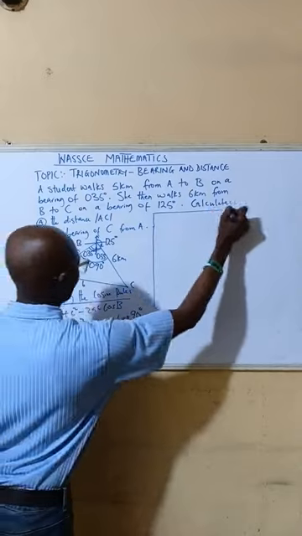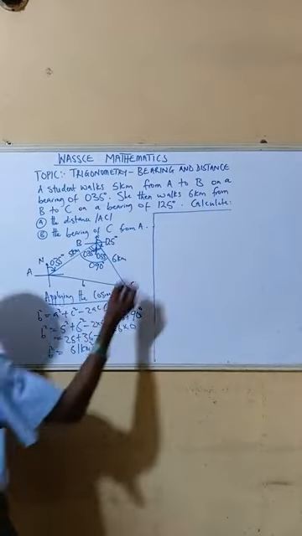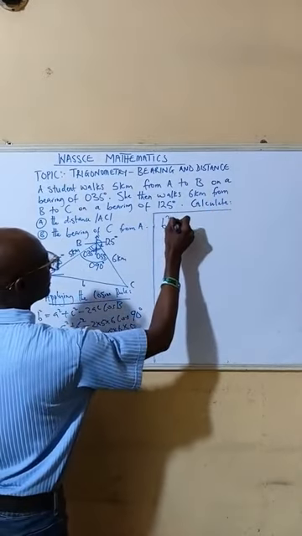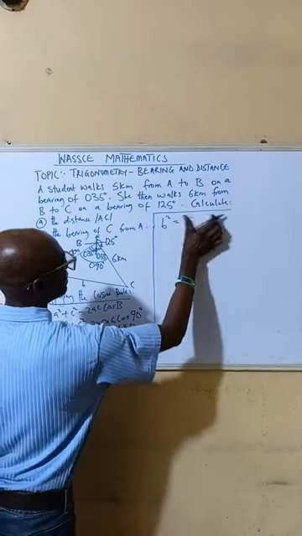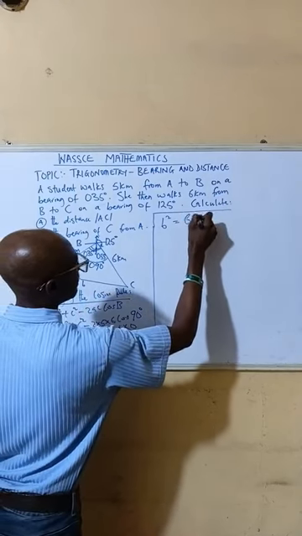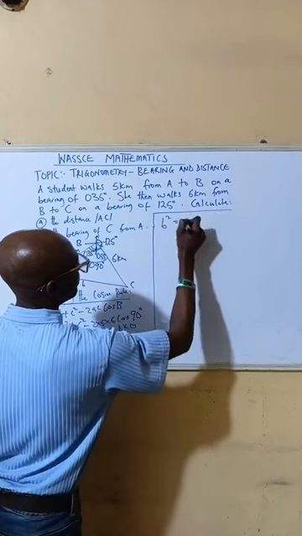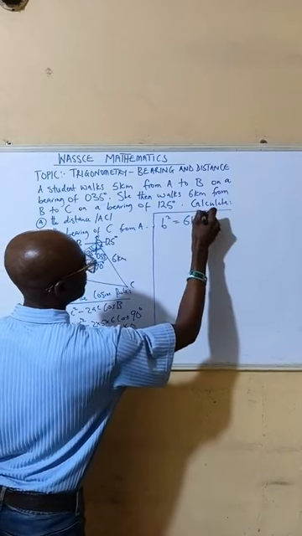Coming to this side, we now have our B squared as 61 kilometers squared.